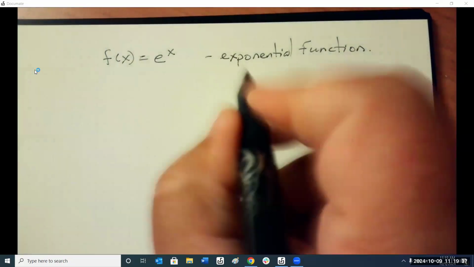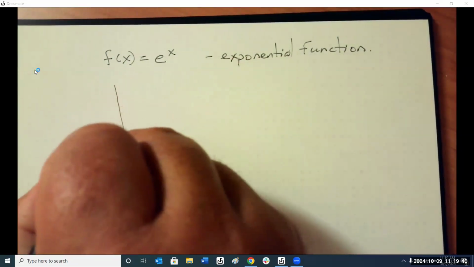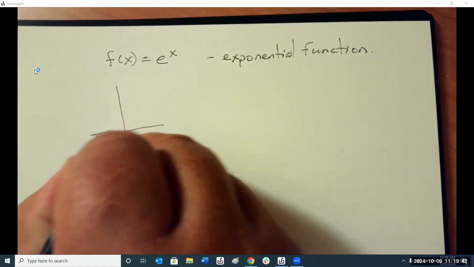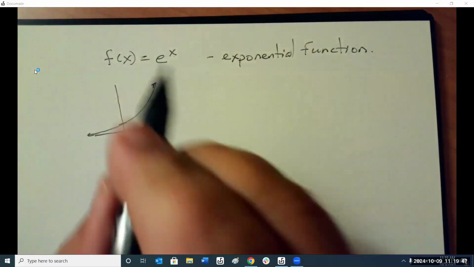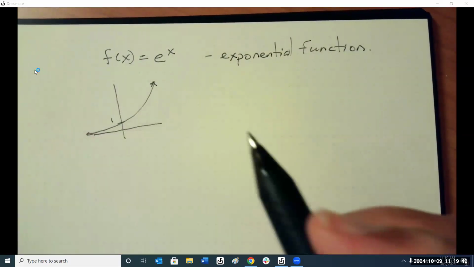Remember, the graph of this one looks like this. It always crosses through 1.